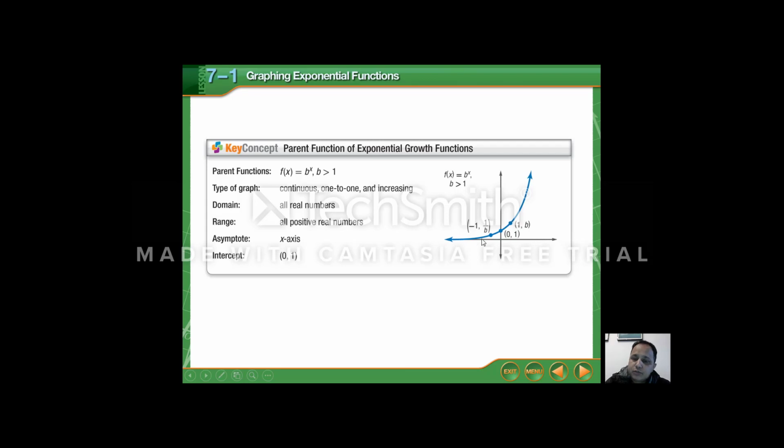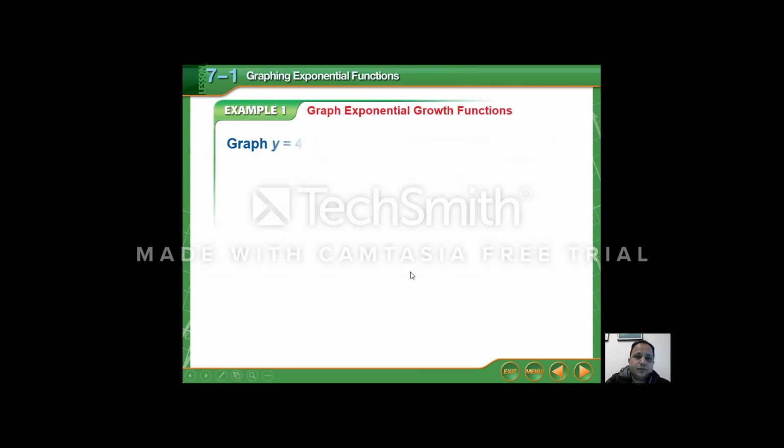The domain is all real numbers and the range is all positive real numbers. No matter what value of x you put, -5, -6, -100, the value will come closer to 0, but it will always be above 0. The asymptote is the x-axis, and the y-intercept is (0, 1).